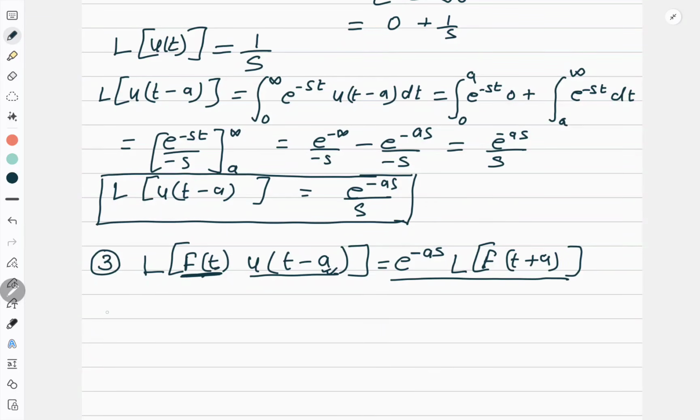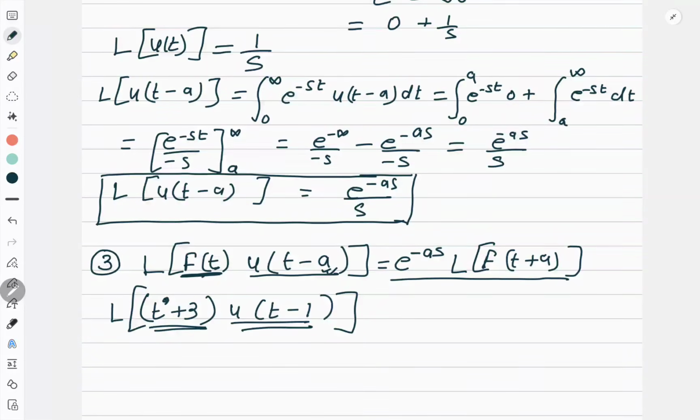I'll give you one simple example. If I ask you to find the Laplace transform of t plus 3 and u of t minus 1. Now this is one function which is attached with unit step function. What is the value of a here? 1. So my first thing will be e to the power minus as, means minus 1 and s.